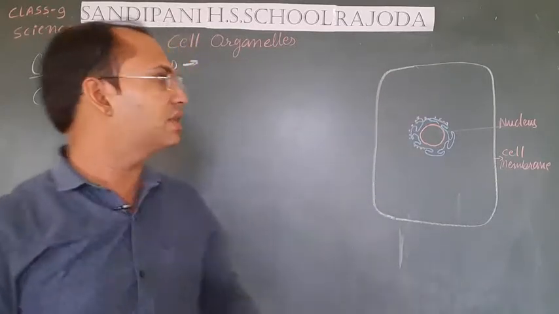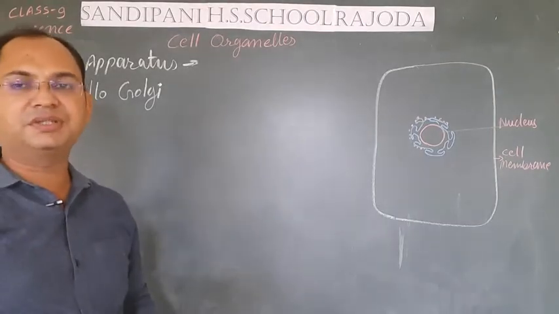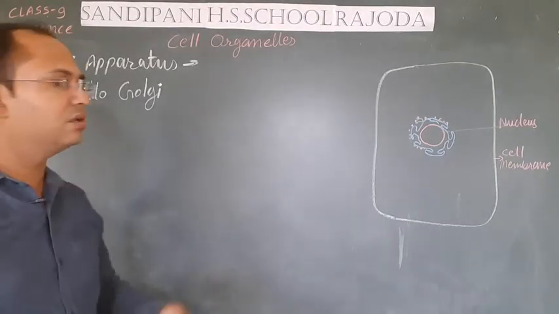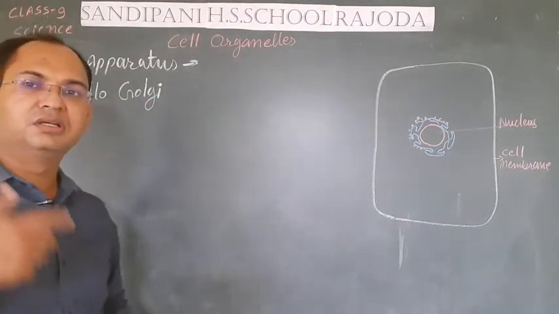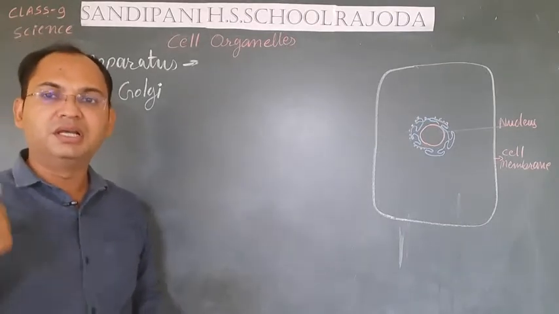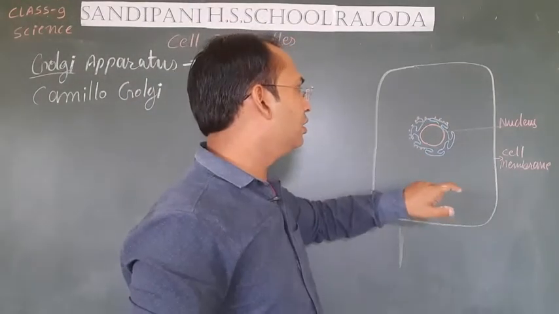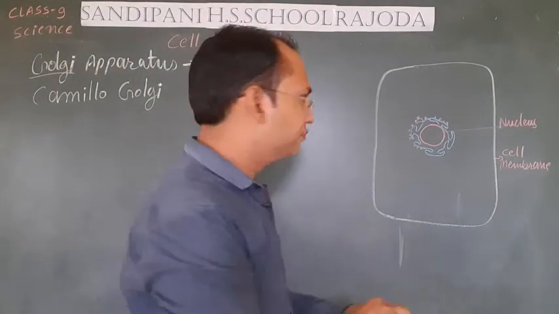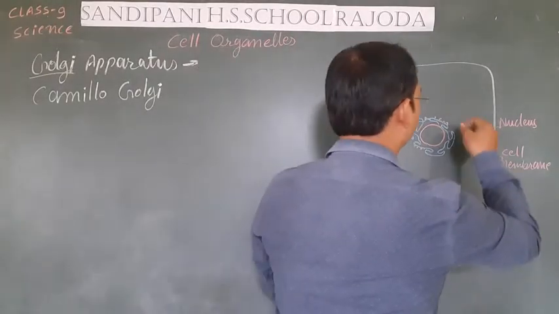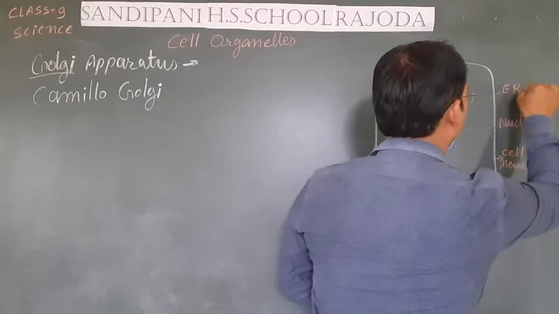As the name suggests, apparatus, it has empty spaces in it. This Golgi apparatus is a membrane bounded structure which is present nearly parallel to the endoplasmic reticulum. This is the endoplasmic reticulum, or in short we can write it ER.